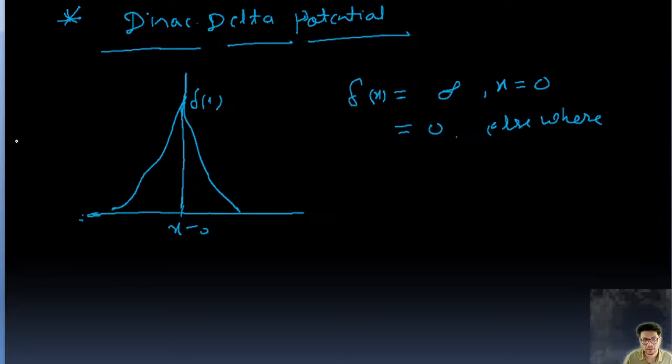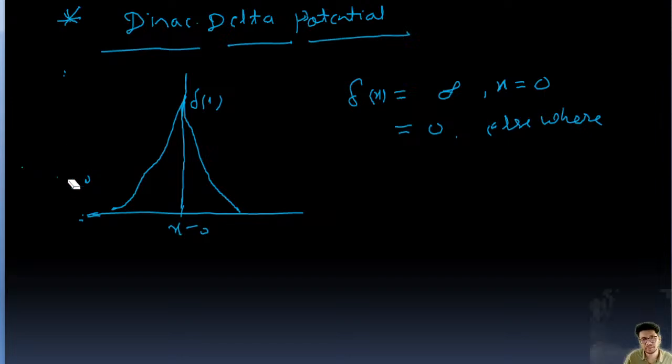We can draw it like this as well, a very narrow spike at x equal to 0, where delta x is infinite at x equal to 0 and 0 elsewhere. This is actually the graph. It is very narrow, and the height tends to infinity, very high.